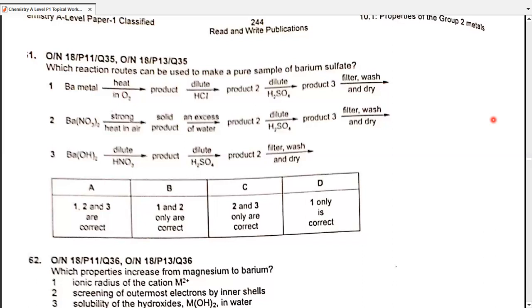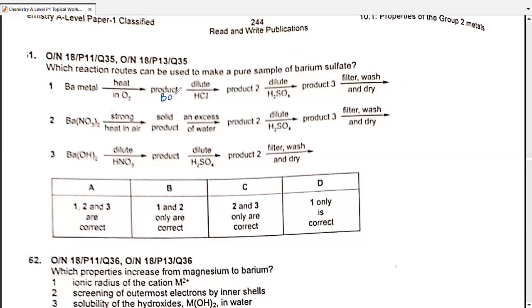Barium nitrate with strong heat gives us a solid product, barium oxide. Actually, A. Let's clarify, and I'm going to use a different color for the ease of understanding.